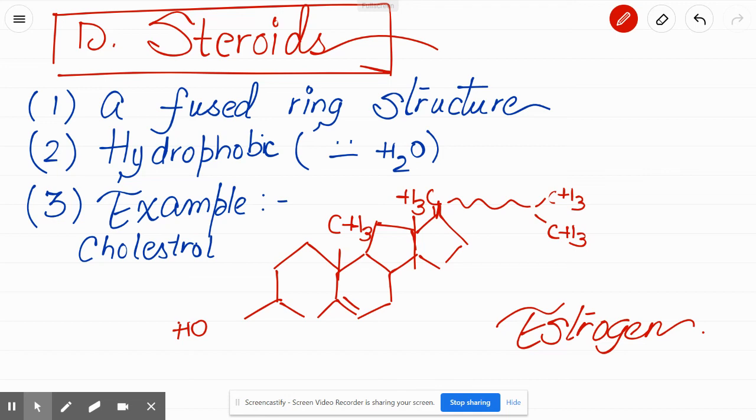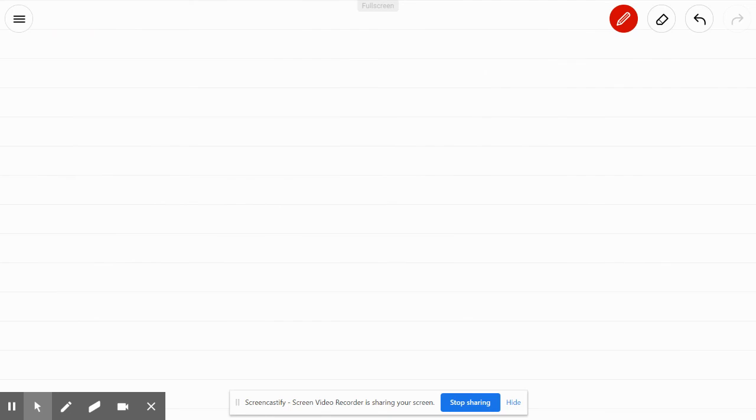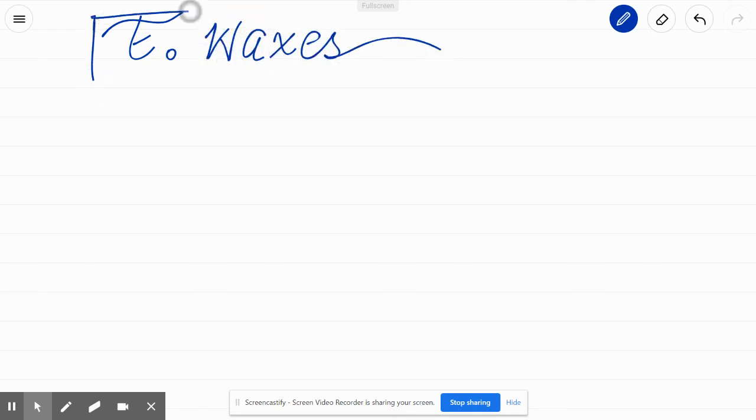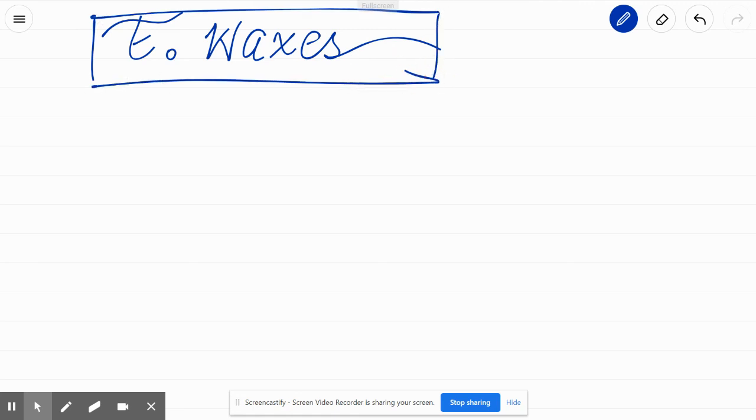We will now move to the last in our classification of lipids, point number E, waxes. And basically the first point to note is that they are nonpolar in nature.